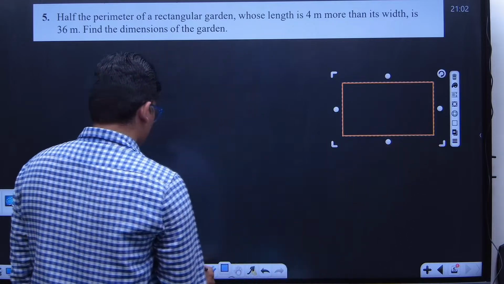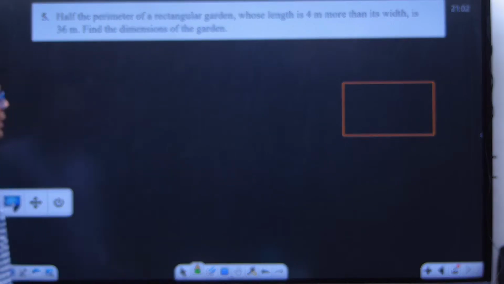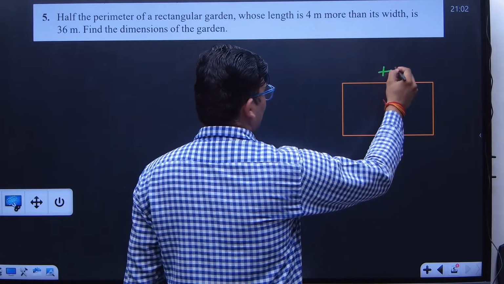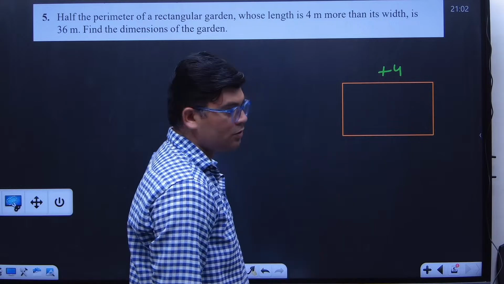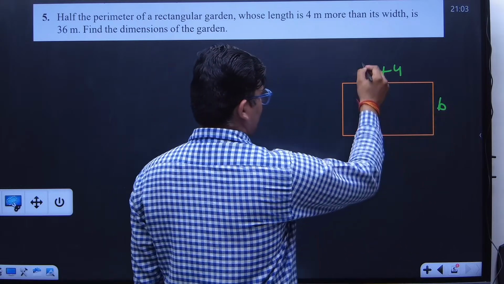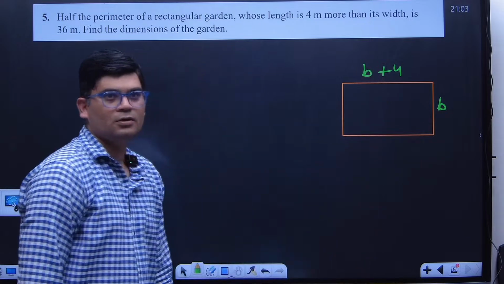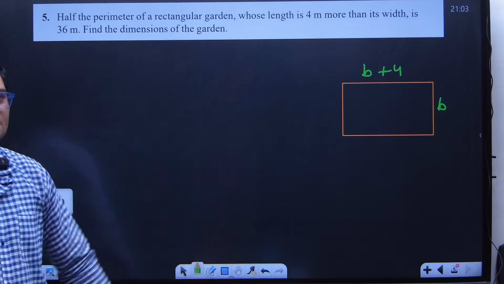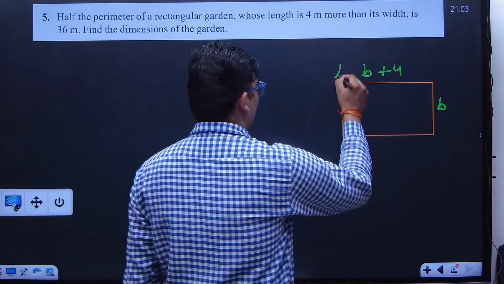Find the dimensions of the garden. Okay, so whose length is 4 meter more than its width. 4 meter more means plus 4. Then its width. Width I don't know, so I will keep it as B. So this is B plus 4. L is B plus 4.